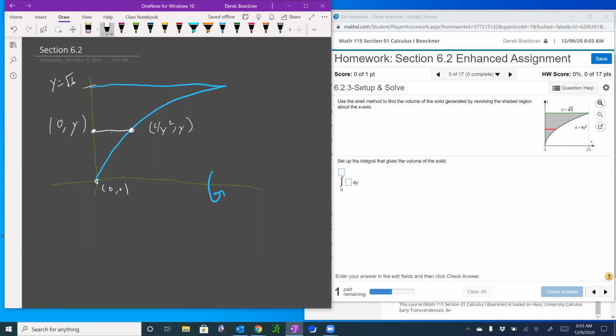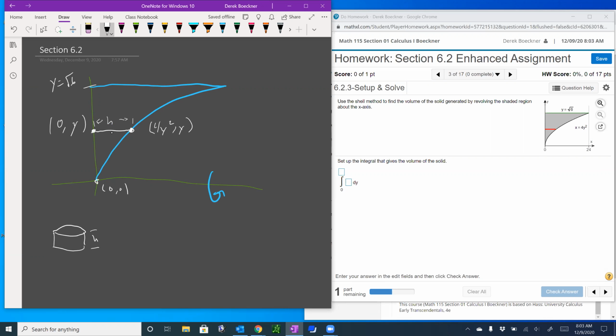So I'm going to do shells, right? And the height is going to be the length of the representative rectangle. And that's going to be the change in the x values, right?